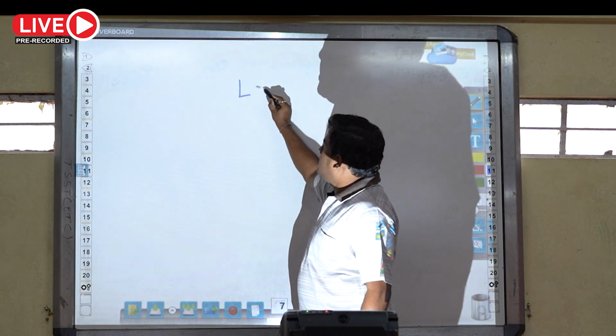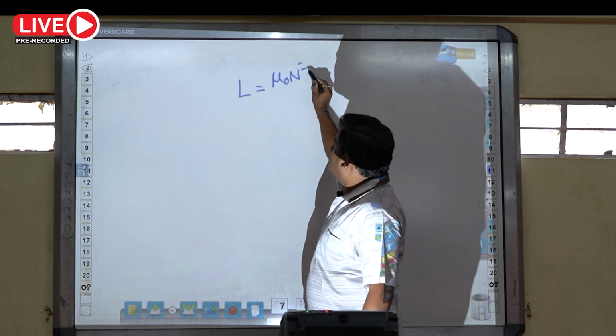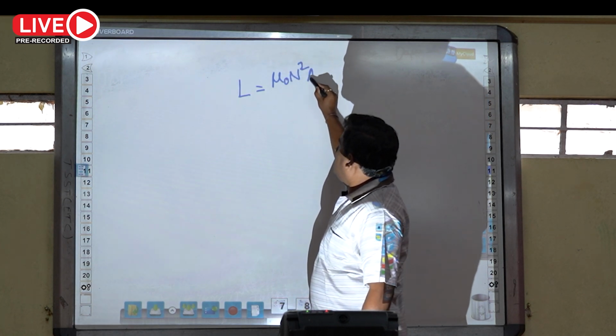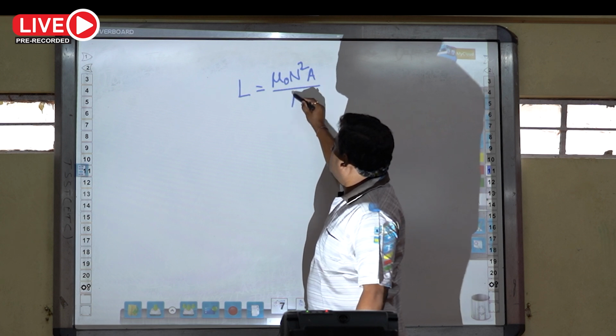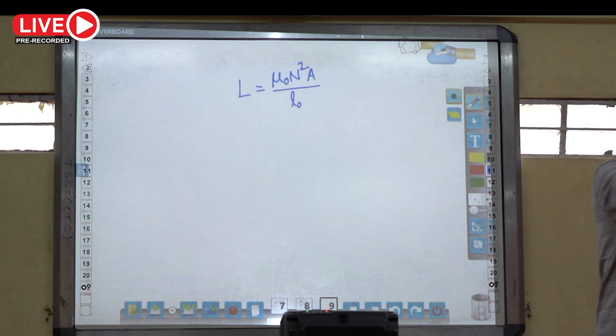Self inductance L equal to mu naught N square into A divided by the length of the coil, length of the solenoid, L naught.